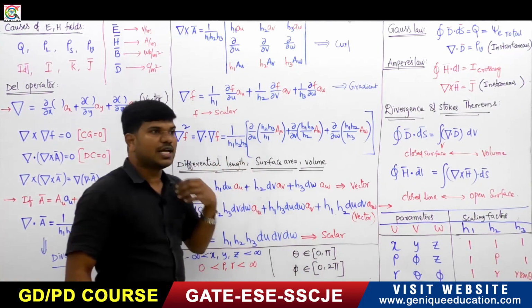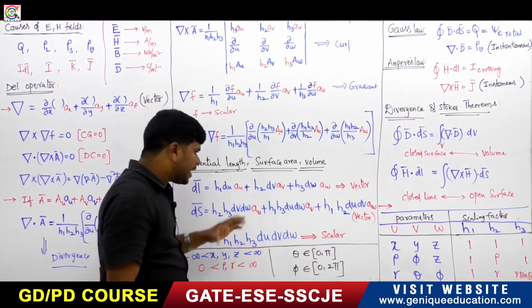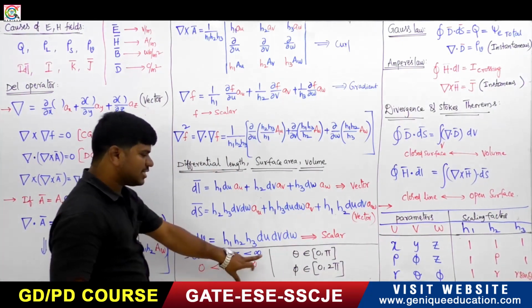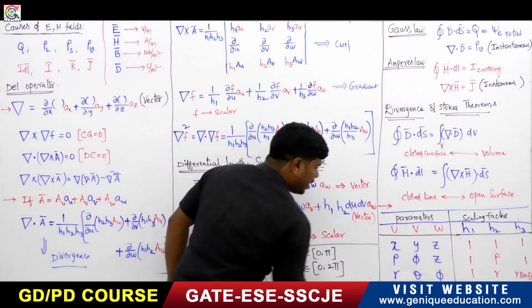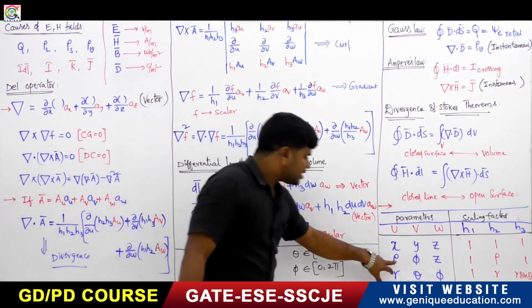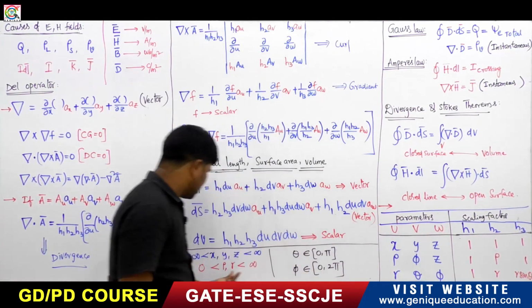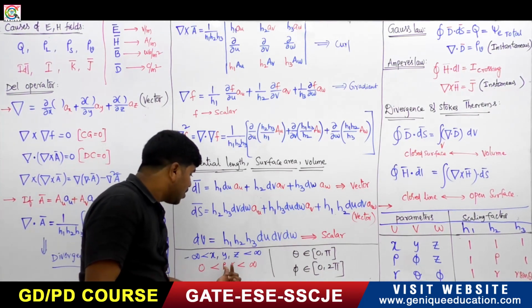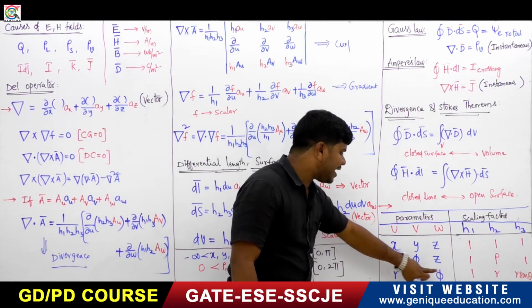Now, what are the ranges of these parameters? The ranges of x, y, z are minus infinity to plus infinity. The range of rho and r is 0 to infinity. What are the ranges of phi and theta?